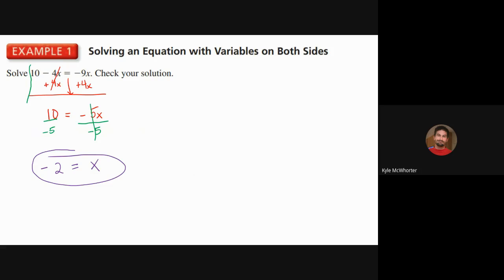And we can check it by plugging a negative 2 in for x. I'll do it on the first one, but maybe not on the others. So here's where we're going to check over here. 10 minus 4x equals negative 9x. And then we're going to plug in a negative 2 and see if that works.